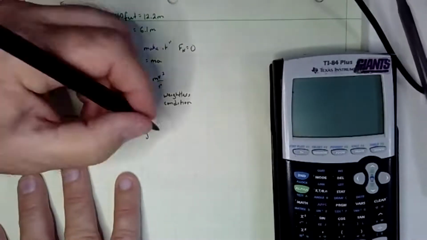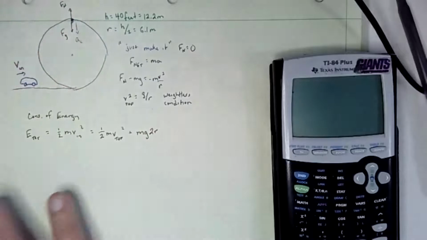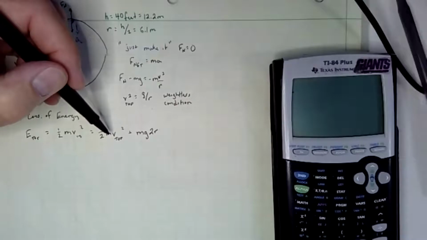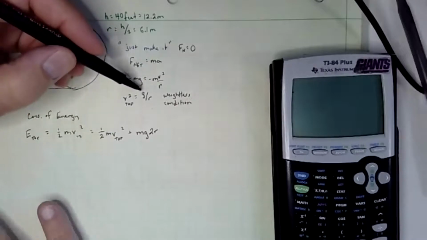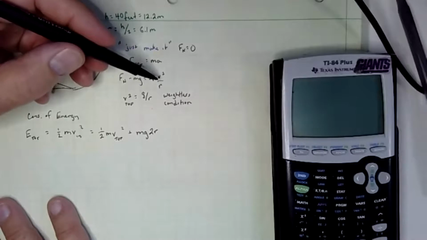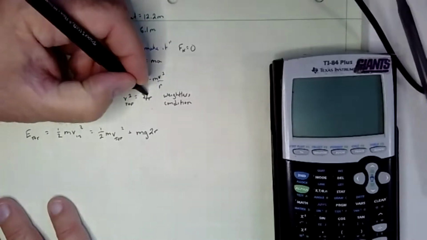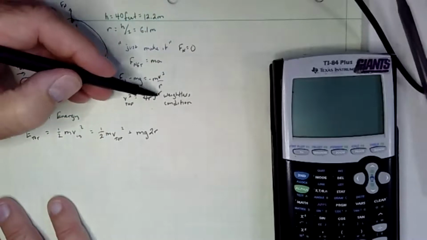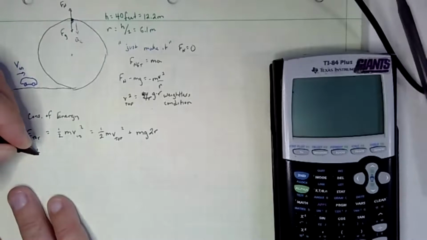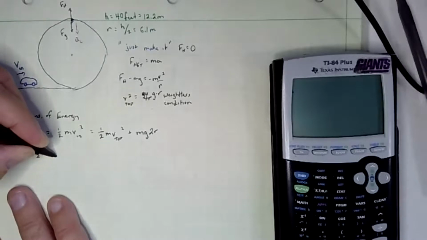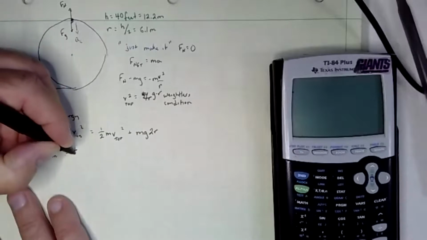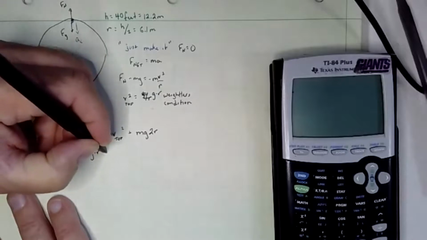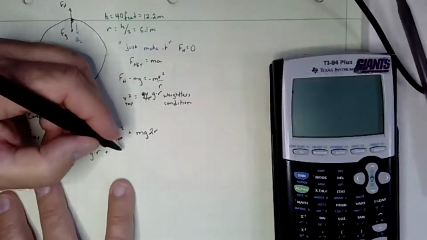But the height is twice the radius, so I'm going to write 2r here. Now, v squared at the top has to be equal, actually, this is g times r. If v squared at the top is g times r, then I can make a substitution. So 1/2 v in squared is equal to 1/2 g times r. And now you can see there's some really interesting results that happen from this.